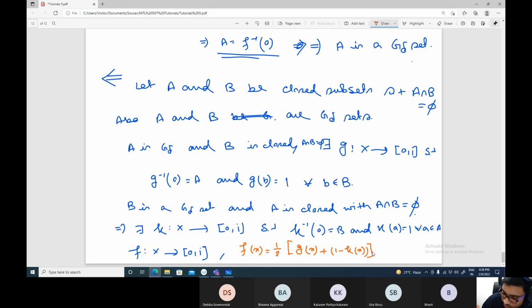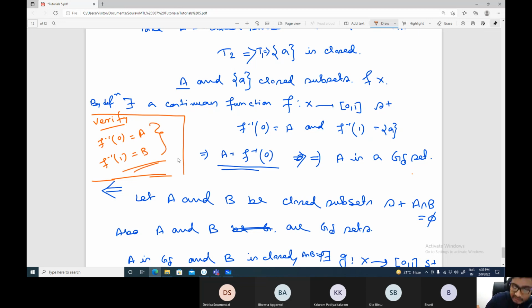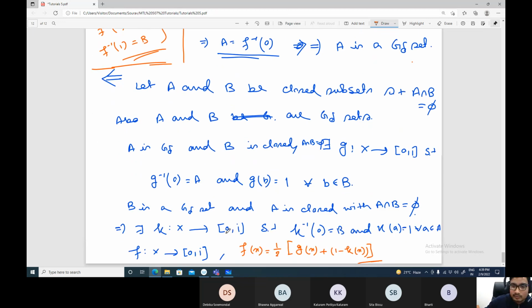Consider this function and verify the rest; the rest of the things are easy. Verify that f inverse of 0 equals A and f inverse of 1 is equal to B. Please verify this one, it is for you. Those are very easy.